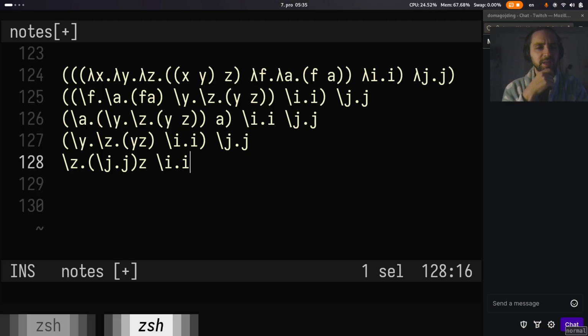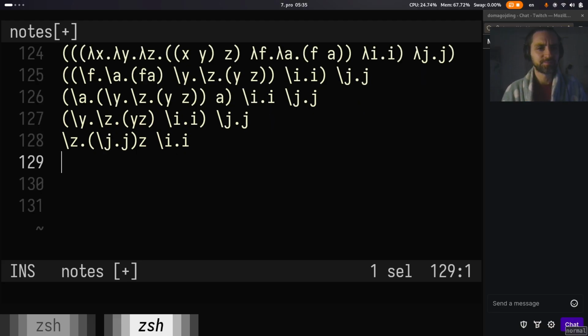Actually, I have to apply lambda i instead of z. Yeah, I'm not sure. Let's try it.